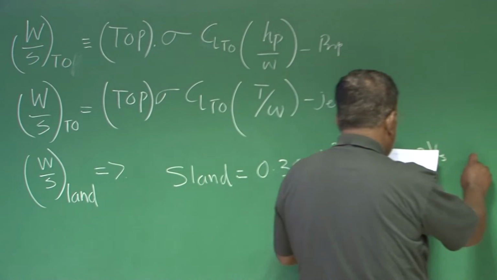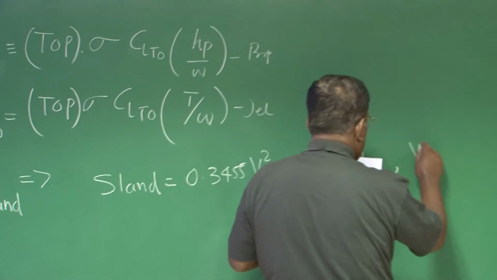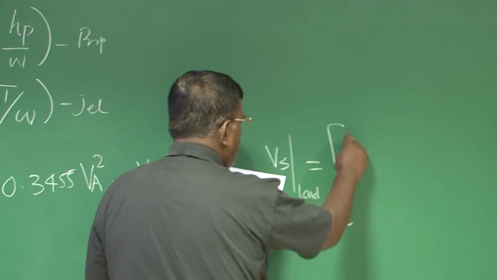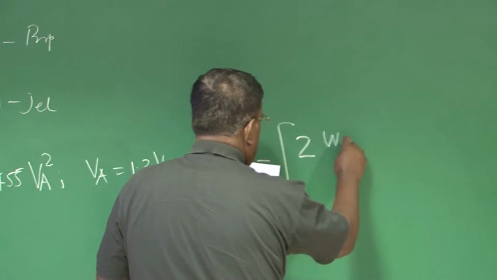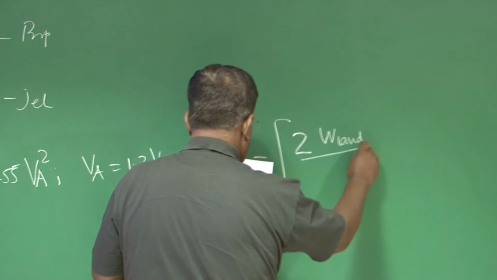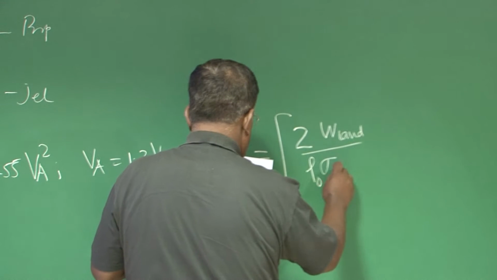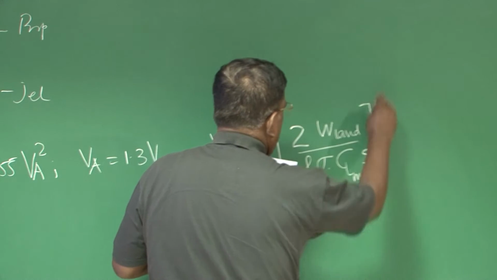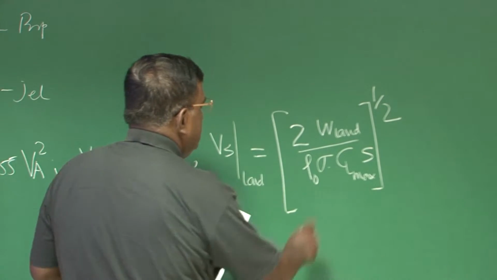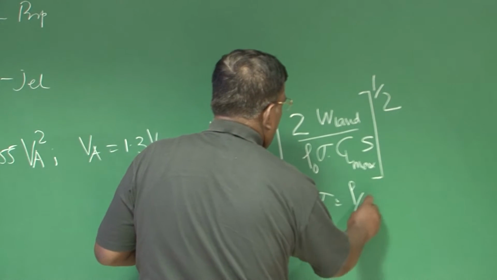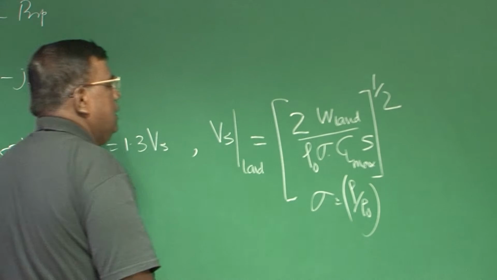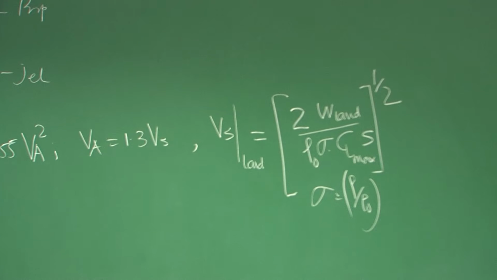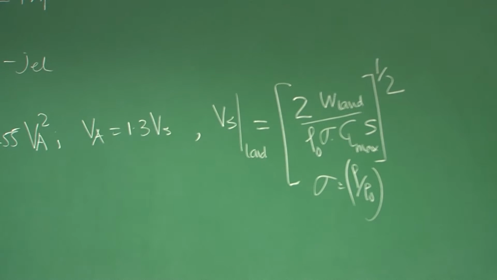So VS during landing configuration is under root of 2 W landing by rho naught into sigma into CL max into S. Sigma is nothing but rho by rho naught, the density at the altitude where you are landing, and rho naught is sea level density.